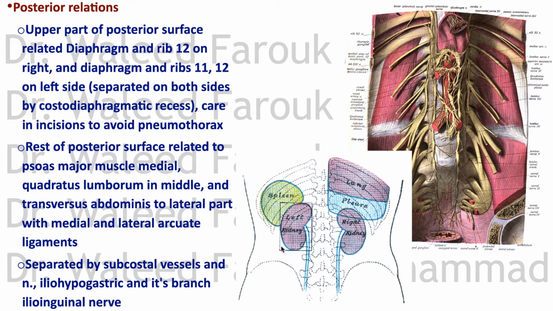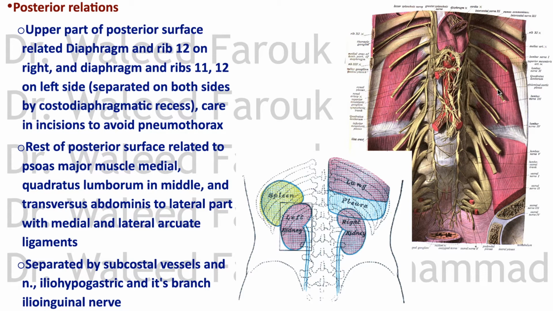Laterally it is related to the transversus abdominis, in the middle to the quadratus lumborum muscle, and medially to the psoas major muscle. Here it's showing the quadratus lumborum. There is no psoas major here. And also related are the iliohypogastric nerve and ilioinguinal nerve for both kidneys.